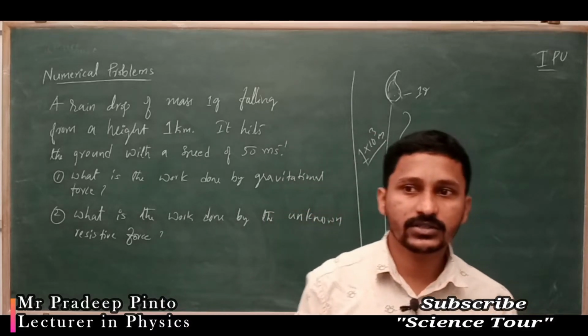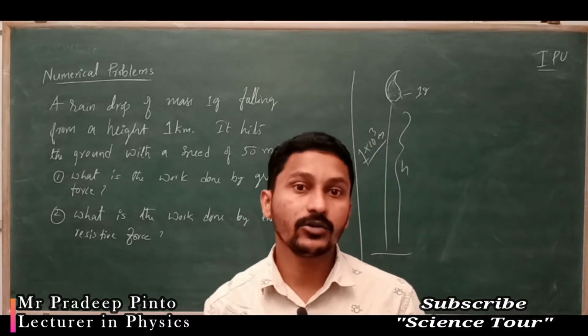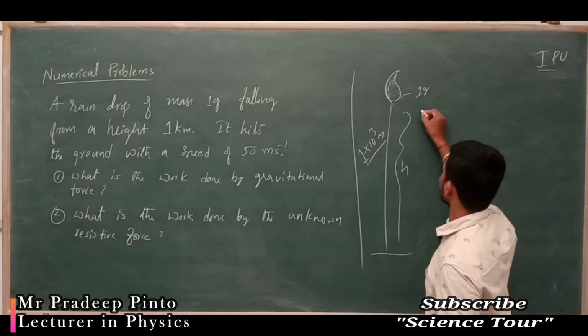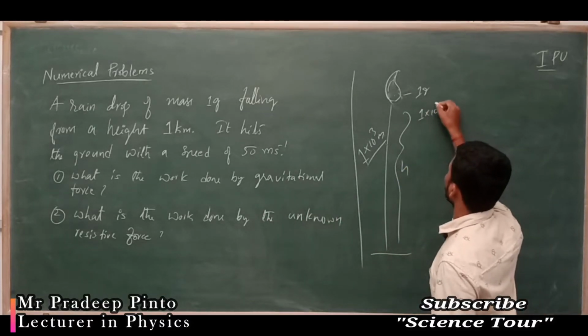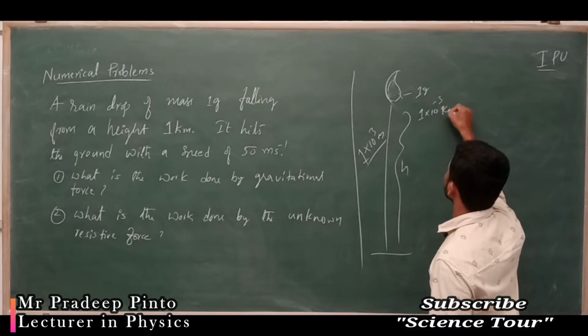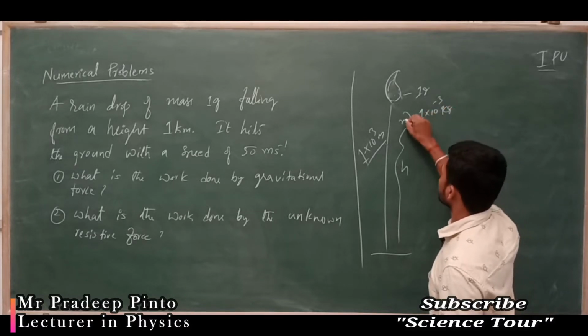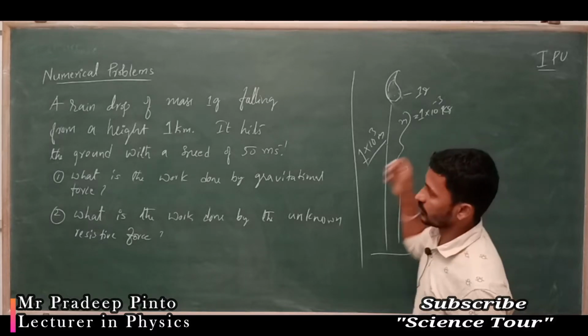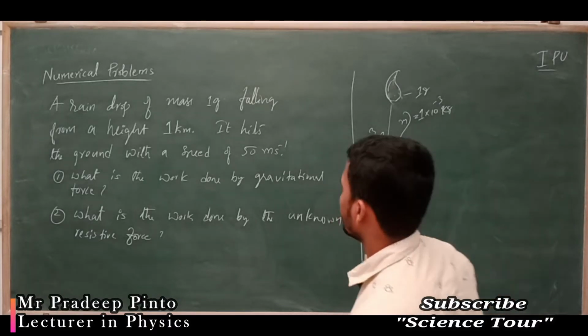So 1 gram means how many kgs, that is divided by 1000. So it is nothing but 1 into 10 to the power minus 3 kg, because divided by 1000 goes to the numerator, it becomes 10 to the power minus 3.